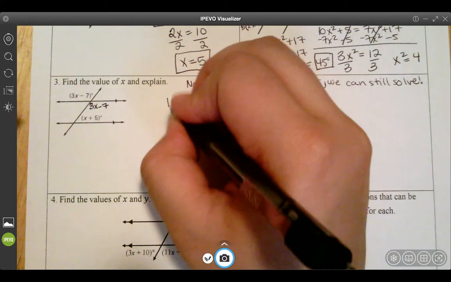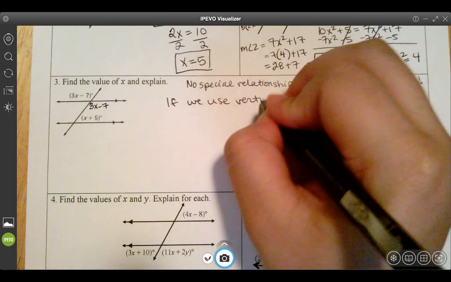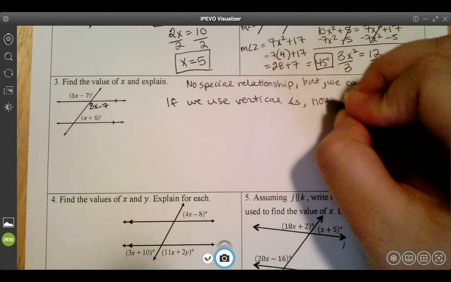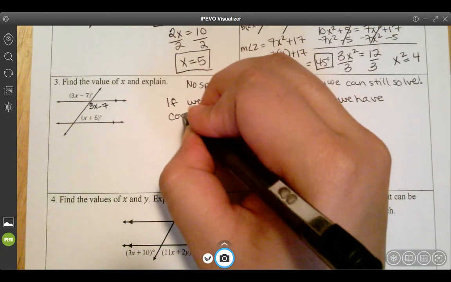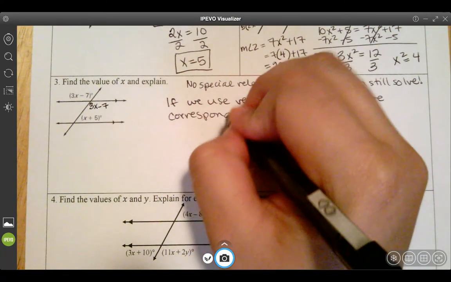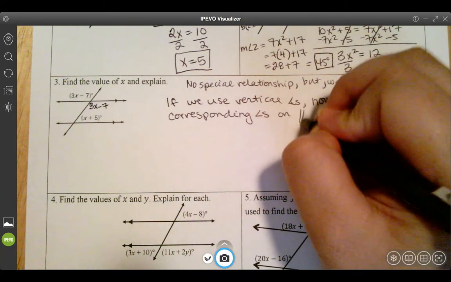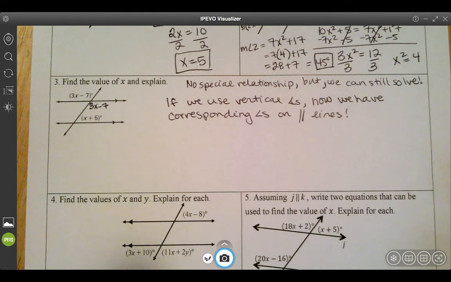So if we use vertical angles, now we have corresponding angles on parallel lines, which means they are supplementary.